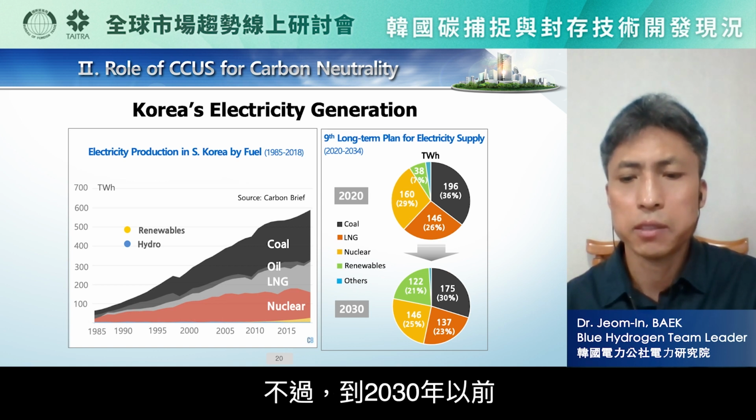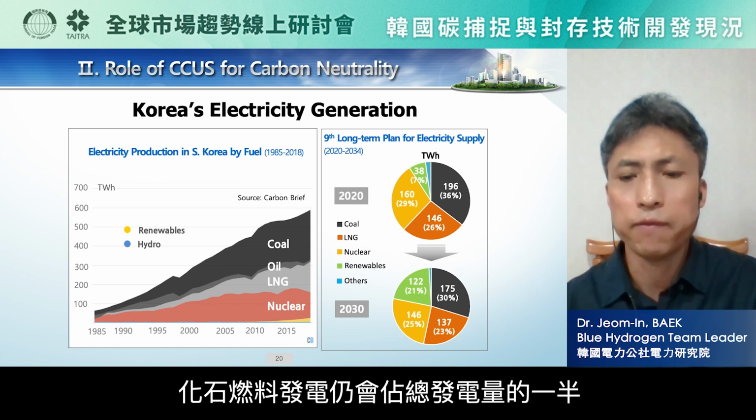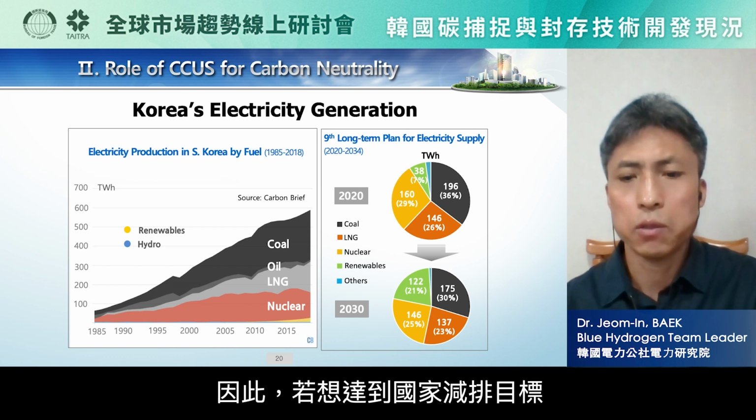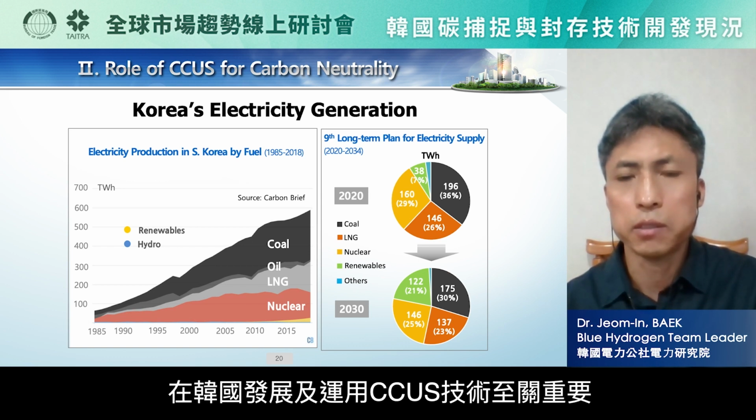But nonetheless, the power generation by fossil fuel is still planned to be half of total electricity supply in 2030. So, CCUS development and use is essential in Korea to achieve the national emission reduction target.